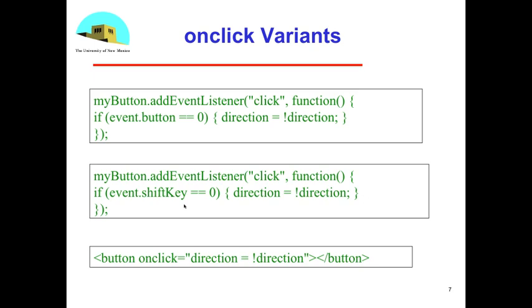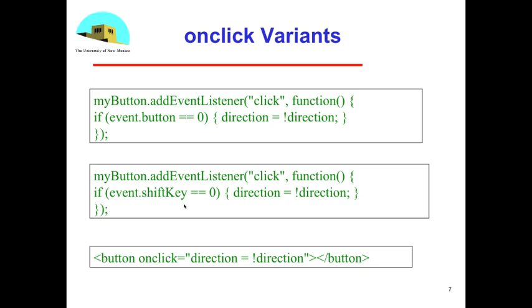So within that event is a parameter button, which returns a number, 0 for the left button. I think 1 is the right button, and 2 would be the middle button if you have a 3-button mouse. And then my function looks at which button it is, and if it's the left button, then change the direction's value.